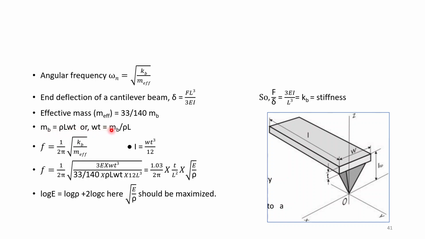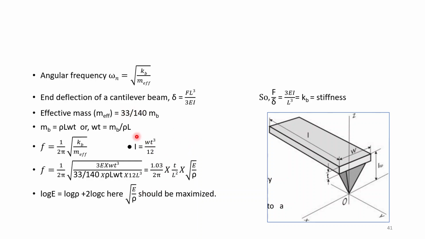WT will be equal to MB upon rho L. Now frequency can be given in terms of angular frequency as 1 upon 2 pi times omega. So 1 upon 2 pi times under root kb upon m effective. I is your inertia. So moment of inertia is equal to W times T cube divided by 12.